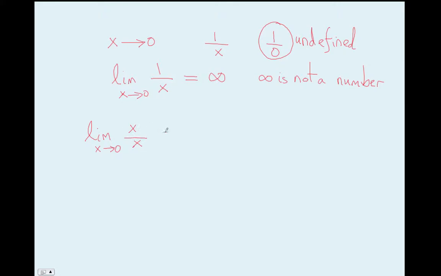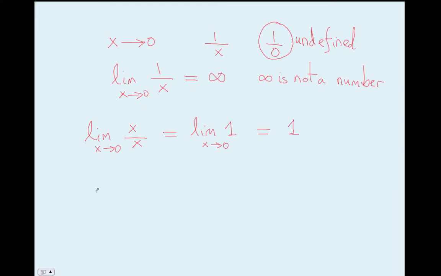And of course, if you were to cancel out the x's, you would get the limit as x tends to 0 of 1, and the number 1 is fixed. Nothing changes over there, and so that's 1.